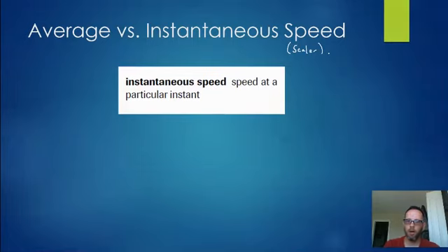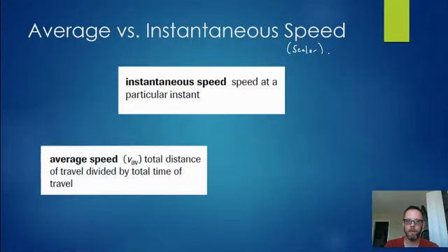Instantaneous speed is a speed at a particular instant. So, a car on the highway, maybe speeding up, slowing down. Its instantaneous speed is whatever you see on the odometer. Average speed is the total distance of travel divided by total time. It would be difficult to describe the car's speed at any given time if it's constantly speeding up a bit, slowing down a bit.